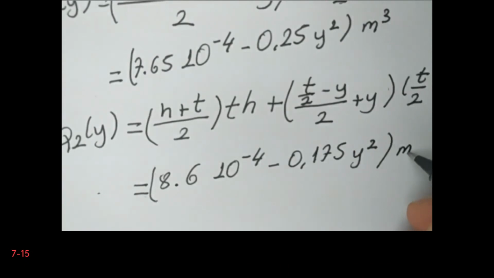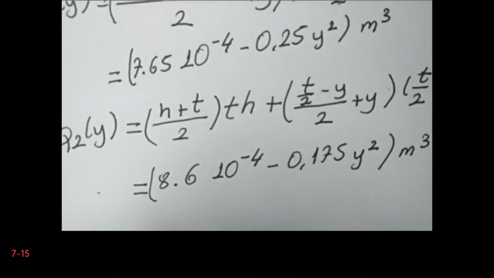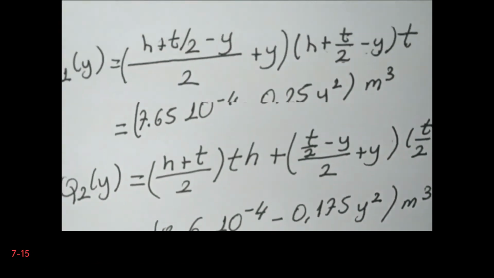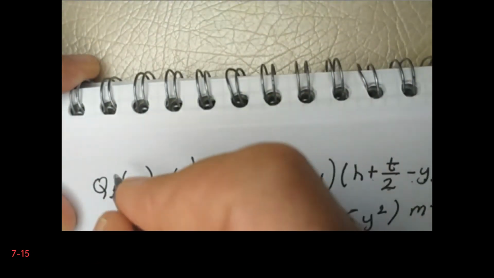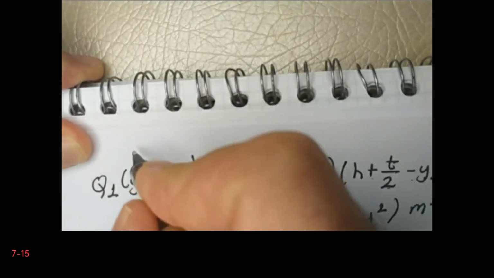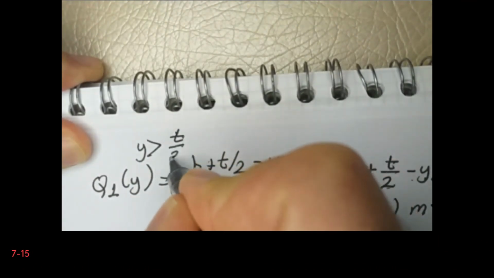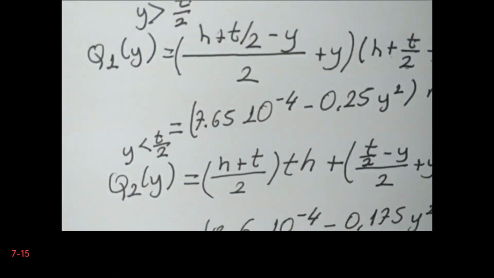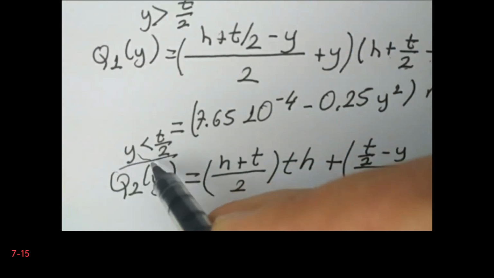So if you look at the expressions again, when y is greater than t over 2 we have Q1, and when y is smaller than t over 2 we have Q2. Now we find the Q as a function of coordinate system.